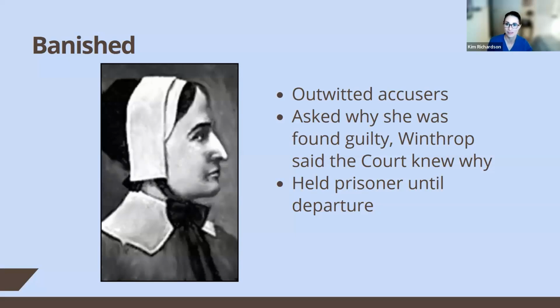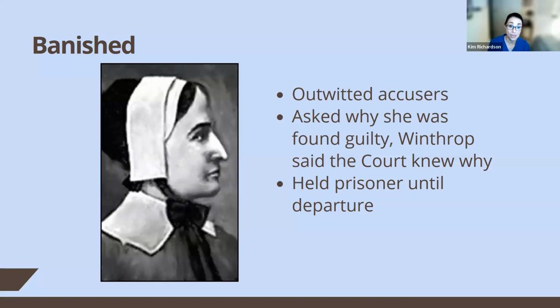Why am I being found guilty? Like, we've been in discussion about this for a long time, and it sort of seemed like I was going to be all right. So why am I being found guilty? And Winthrop just said, the court knows why, and that's all that matters. They wouldn't even really discuss it with her or tell her why she was being banished.